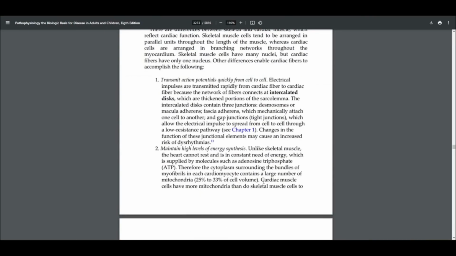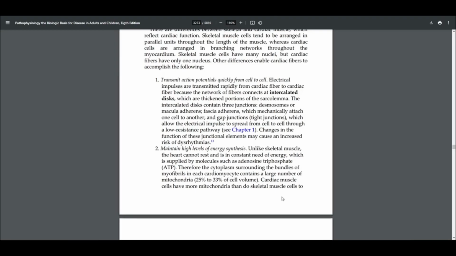Three things. Transmit action potential quickly from cell to cell. The electrical impulses are transmitted rapidly from cardiac fiber to cardiac fiber because the network of fibers is connected at intercalated discs, which are thickened portions of the sarcolemma.